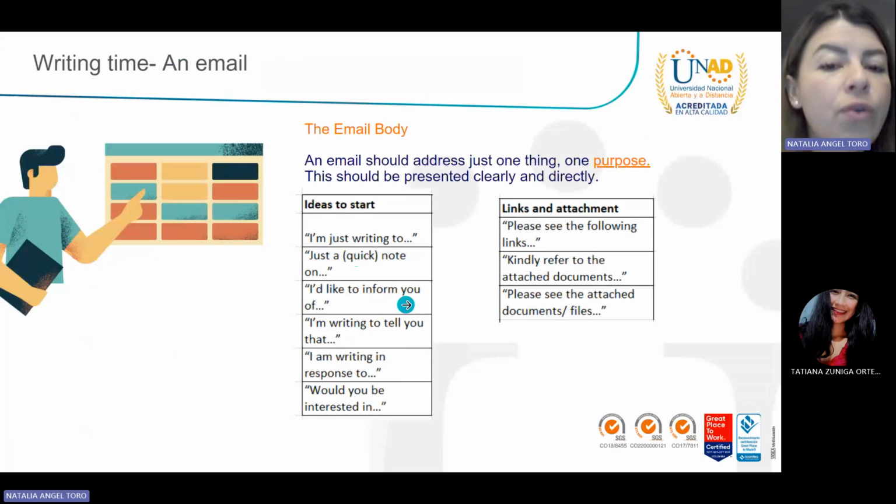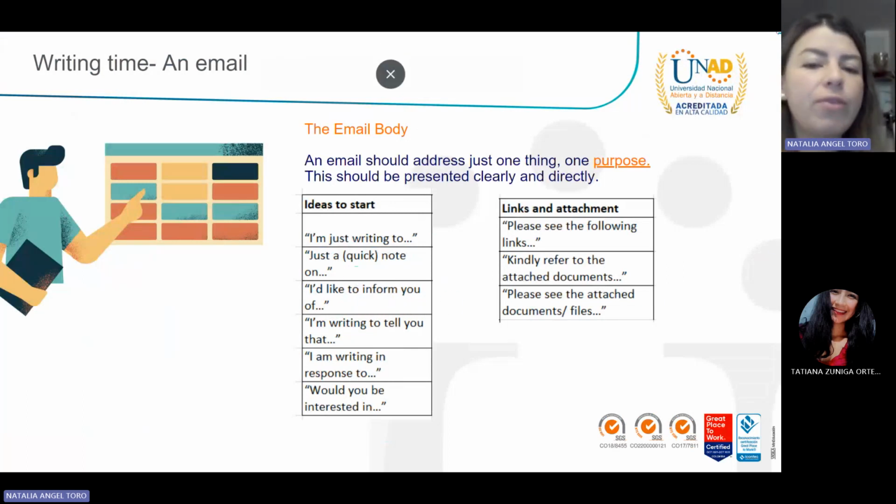Or I would like to inform you of, fíjate que esto ya es un poquito más formal, me gustaría informarte sobre o acerca de, entonces, I would like to inform you of the, I don't know, the next event here in the school. Entonces, te gustaría informarte sobre el siguiente evento aquí en el colegio.